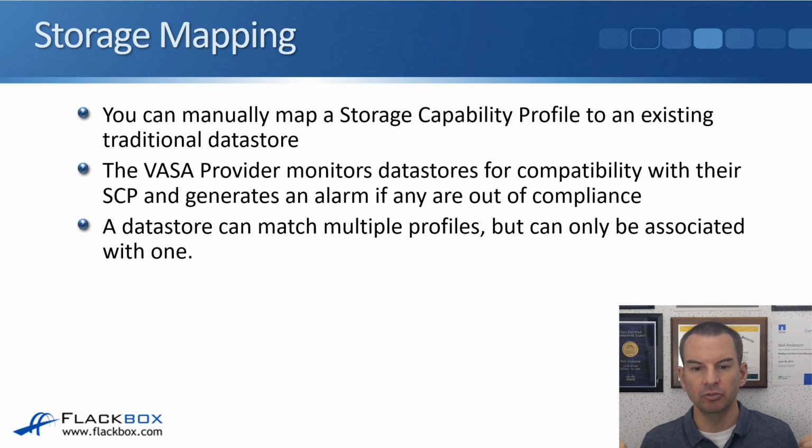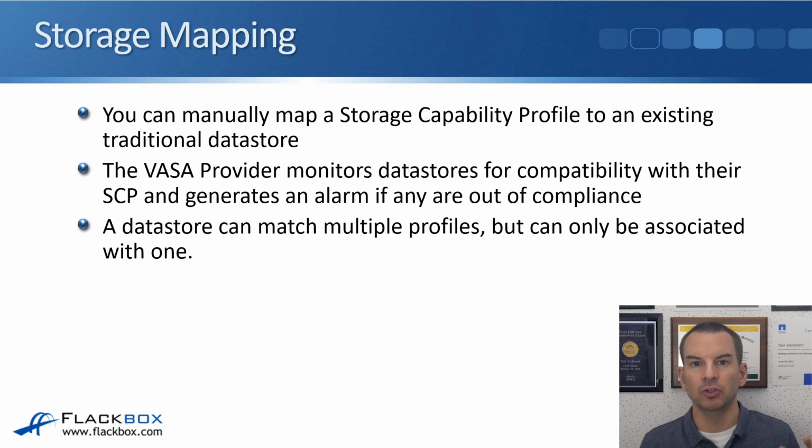Now, if you did not configure the storage capability profile with matching settings for that data store, then you will get an alarm about that, because the VASA provider monitors data stores for compatibility with their SCP and generates an alarm if any are out of compliance. So if you did do a manual mapping and you got it wrong, you would get an alarm for that.